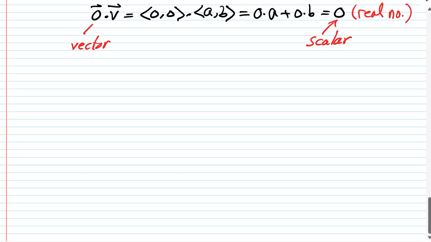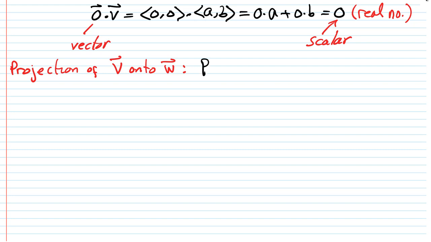We're going to talk about the projection of v onto w, one vector onto another. Notationally, this is how we're going to write it: proj, projection of v, with subscript w. Subscript w is the one that's being projected onto.